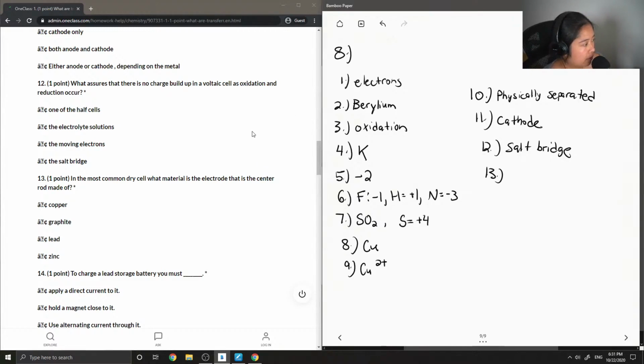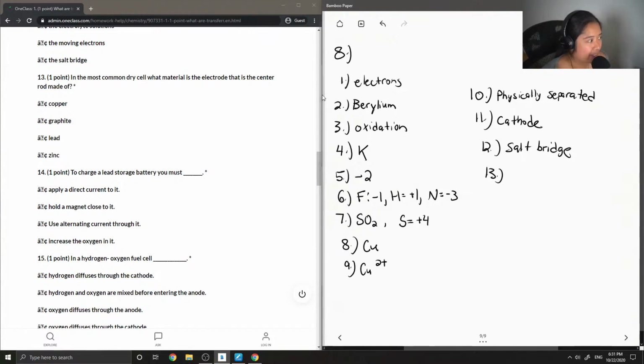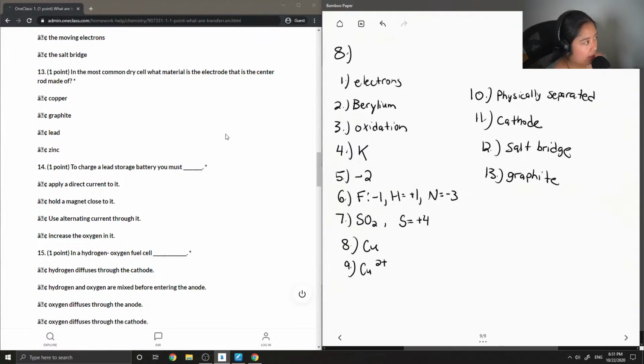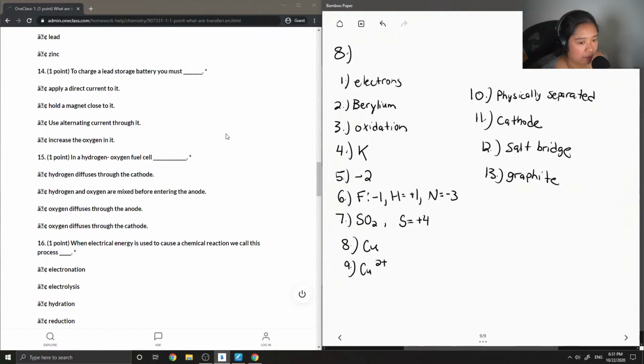The most common dry cell, what material is the electrode that is the center rod made of? That was worded oddly, but the answer is graphite. So graphite is a conductive material used.